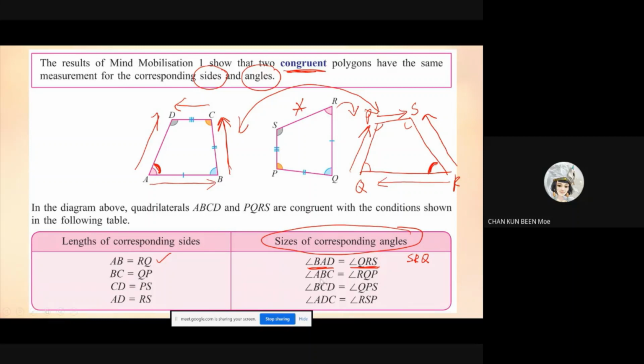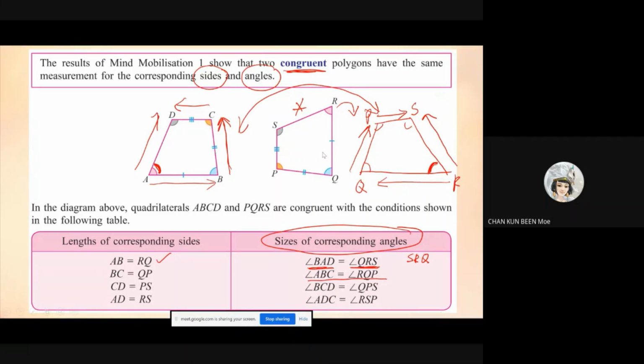We look at the second one, angle ABC. This is the one, angle ABC. So it will be the same as this angle. The name of this angle, you follow from A, B to the top right now here, so it will be RQP. You follow exactly. That's why we have the answer at the bottom here. Next angle, angle BCD, this is the one in orange.